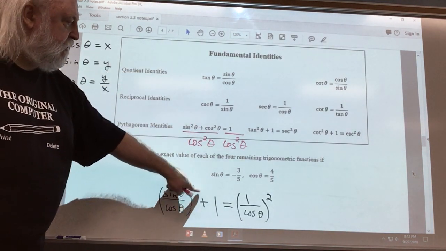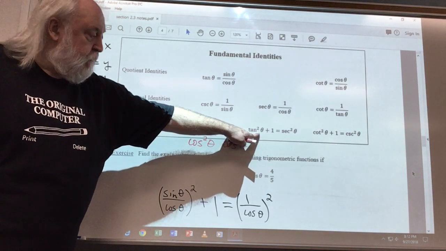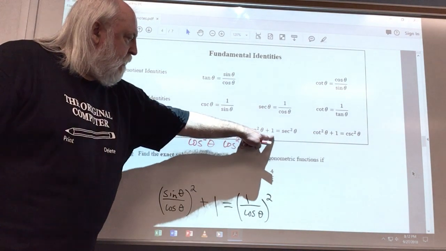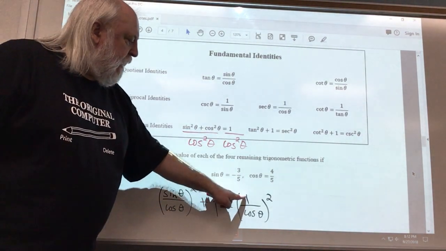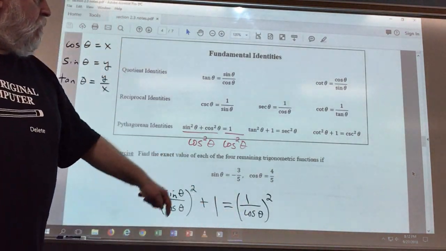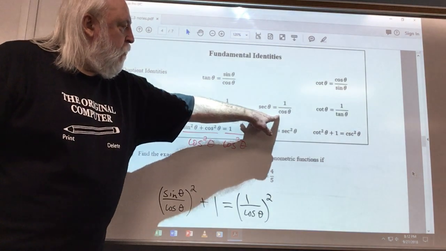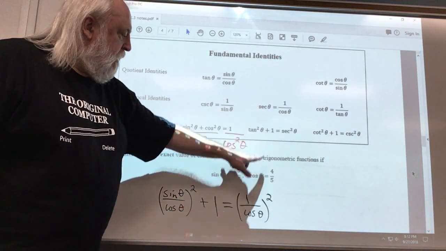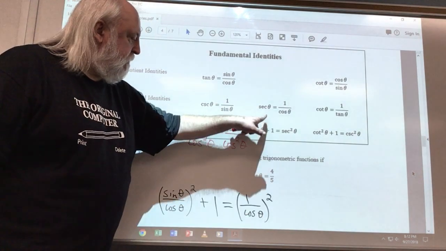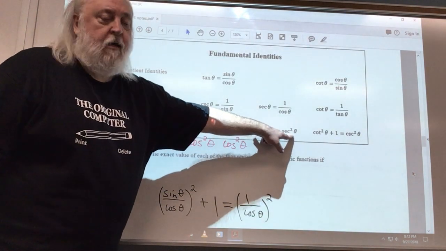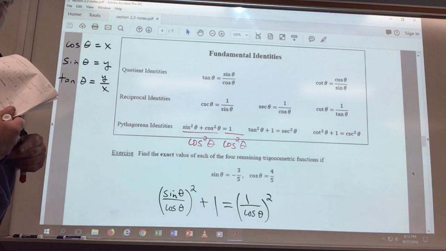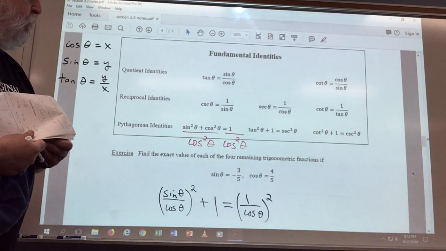So we have tangent squared, the first term in this second Pythagorean identity, then plus 1. And on the right-hand side, 1 over cosine we know is equal to secant theta from the second reciprocal identity. So when I replace 1 over cosine with secant, I have secant squared theta on the right-hand side. So you can also get these identities by using that approach.